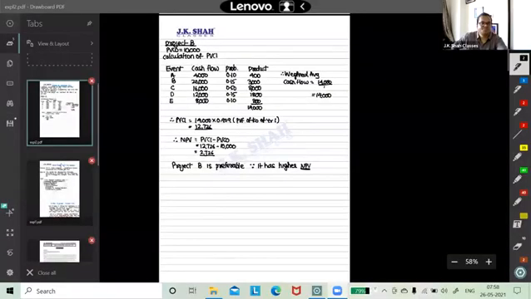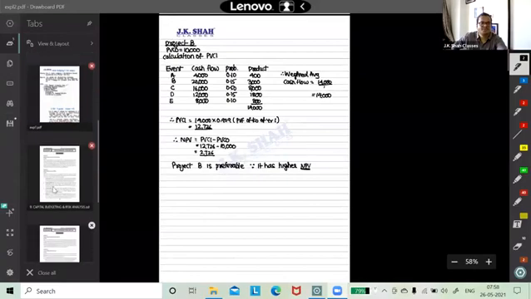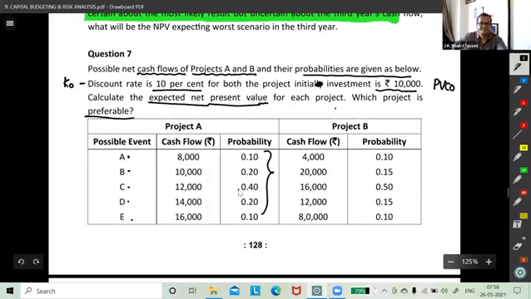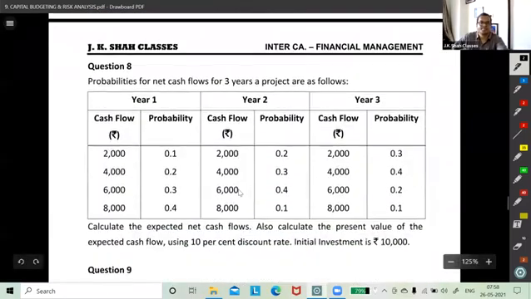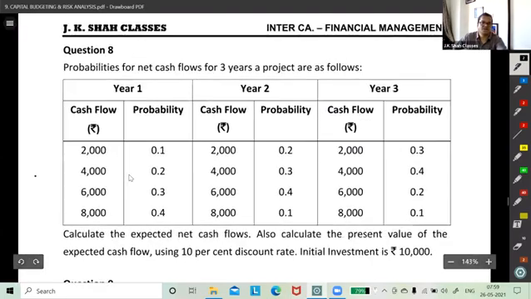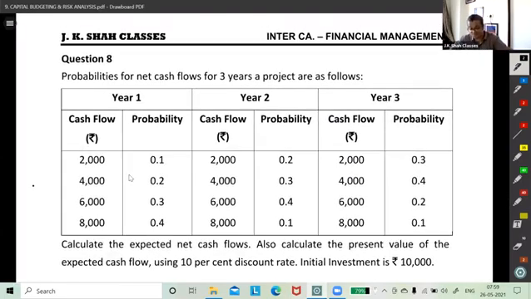So we'll come to next question number 8. Let's understand what is the difference between that question and this question.